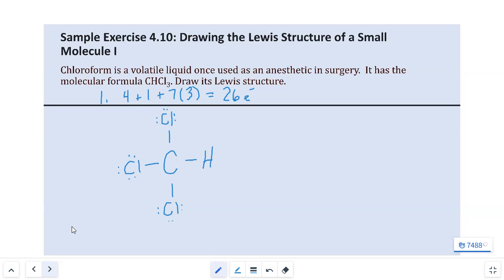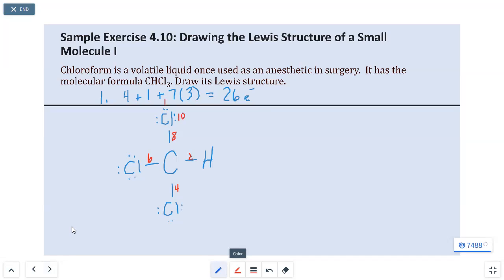Now let's see if it is the correct structure of chloroform. How we do that is we have to count. So I've got 2 electrons, 4, 6, 8 in each of the bonds.